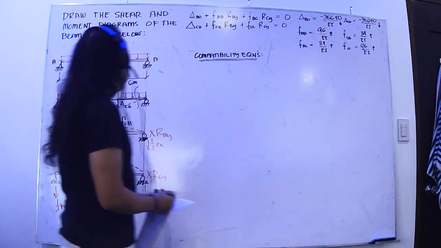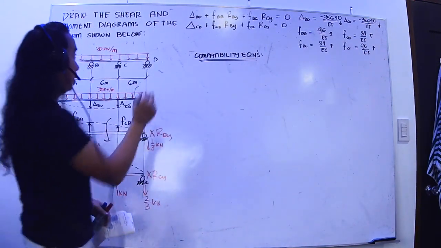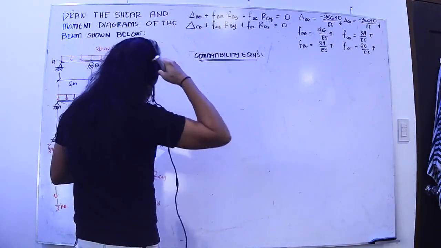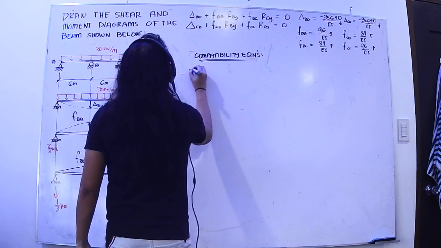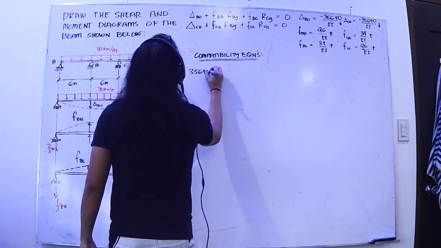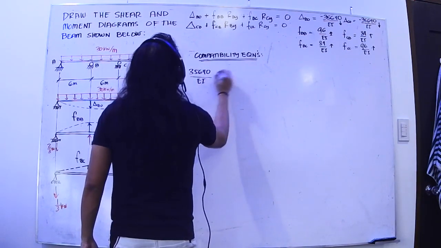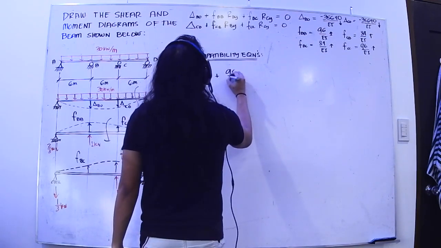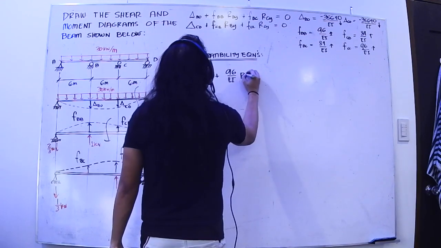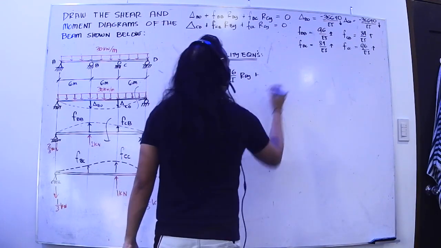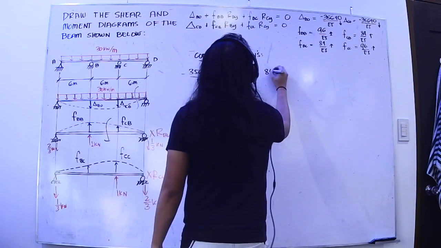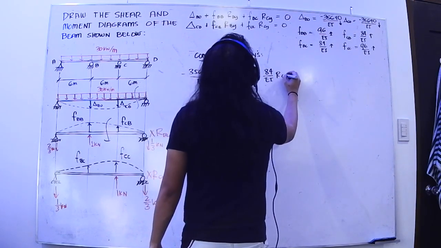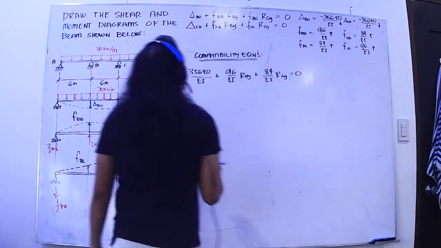Let's talk about these compatibility equations. Substituting the values: 35640/EI plus FBB, which is 96/EI, RBY plus FBC, which is 84/EI, RCY, should be equal to 0.